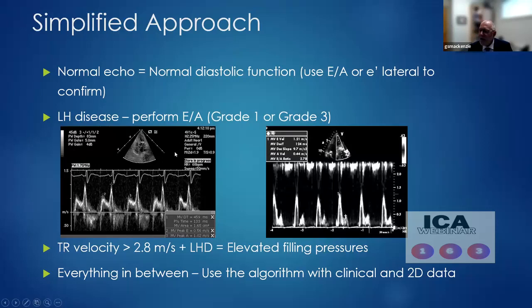And as I mentioned earlier, if it's this pattern, they have grade 1. And if it's this pattern, they have grade 3. The other thing to remember is that if your TR velocity is greater than 2.8 meters per second, and you have evidence of left heart disease, you almost certainly have elevated filling pressures. Everything else in between will use the algorithm as well as our clinical and two-dimensional echo data to make a decision.